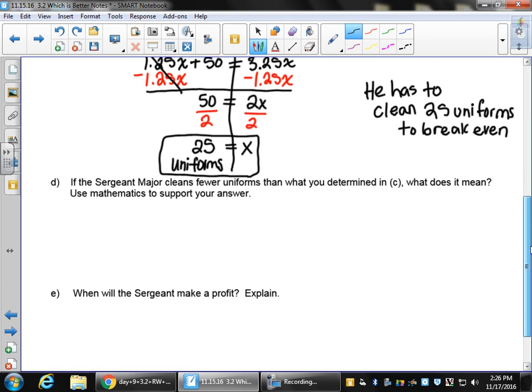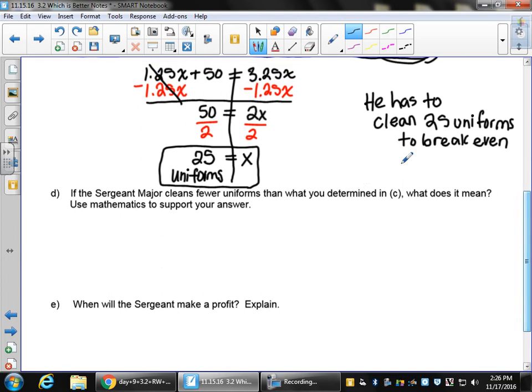Next is question D. It says, if the sergeant major cleans fewer uniforms than what you determined in C, what does it mean? So in C, we calculated 25 uniforms to break even. Common sense logic, we can actually reason on an answer, and then we'll use math to back it up. If he cleans less than 25, he will be in debt.